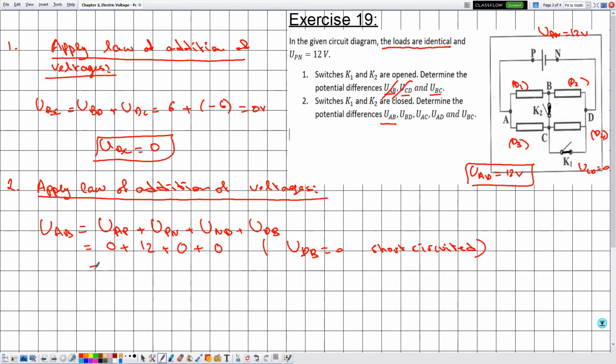So in this case this is equal to 12 volts, then UAB is equal to 12 volts. Now they are asking about the voltage UBD, but we have already used this voltage, so we can say that UBD is equal to 0, UDB or UBD, they are the same, and the reason is that it's short-circuited.